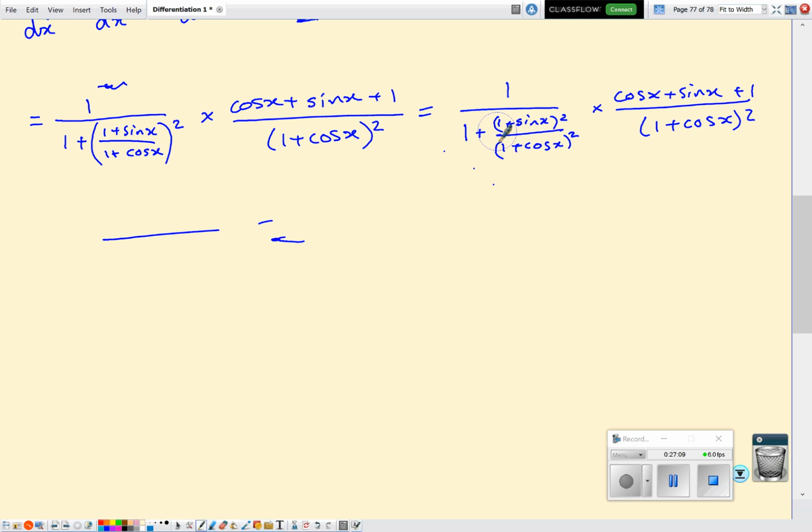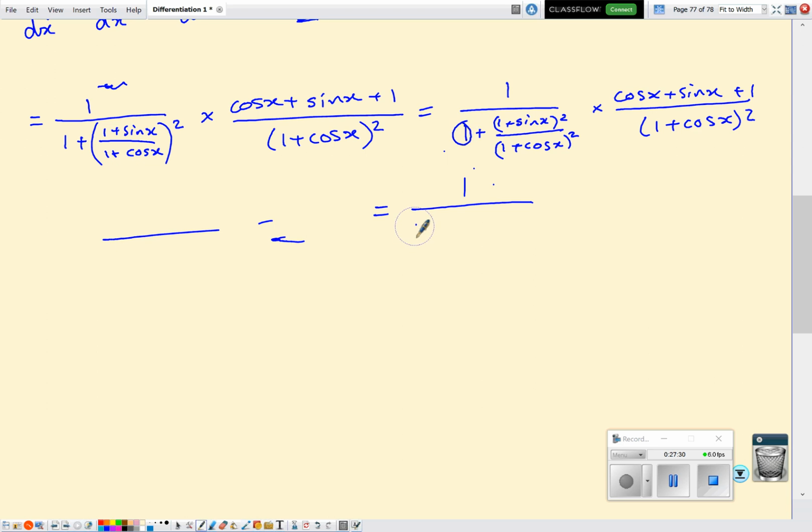So what am I going to get then? I'm going to get 1 over, now this value of 1 here is going to be 1 plus cos of x all squared over 1 plus cos of x all squared.